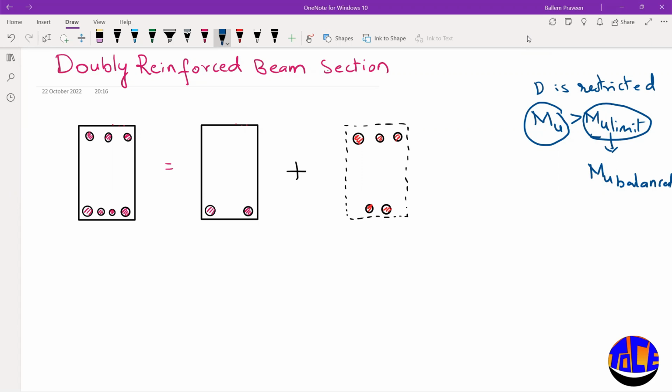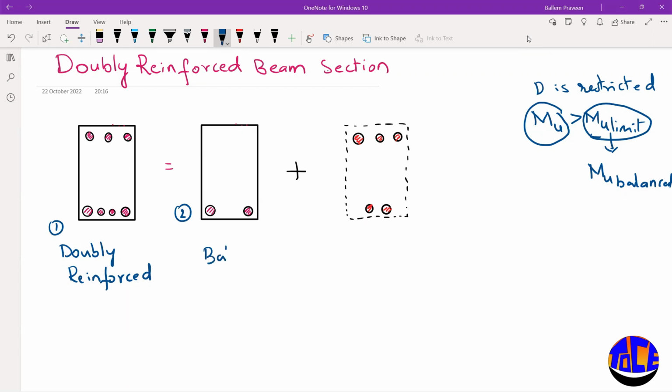Okay, so remember that. Here, this is how your doubly reinforced beam section will look. The first figure represents the doubly reinforced beam section, and the second one represents the section for balance.